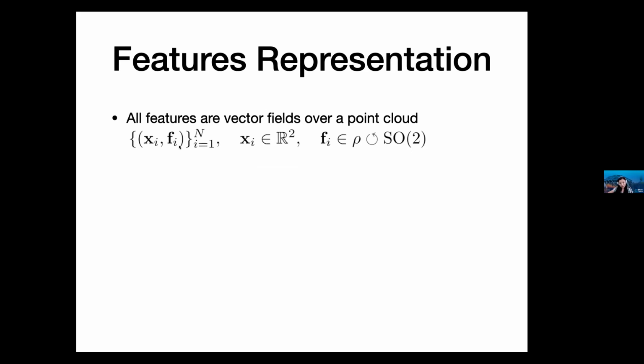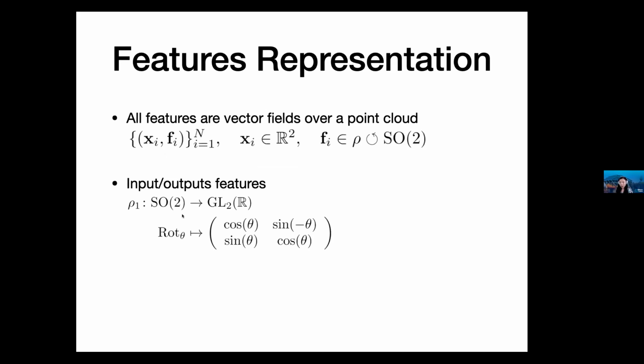When we look at, let's say, the velocity and the angle, these can be represented as a function, as a vector field over the point cloud. So for every point, we have some features which form a vector field on the points. And then the input and output in our model are basically the velocity field and the angles of different cars.